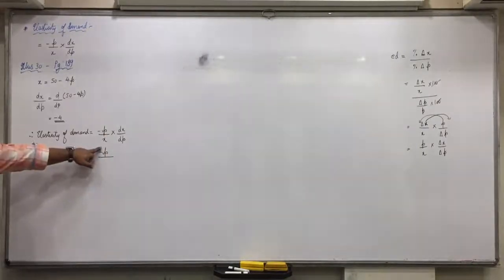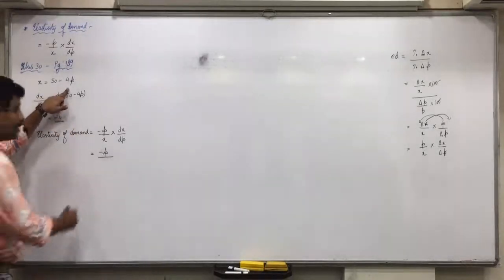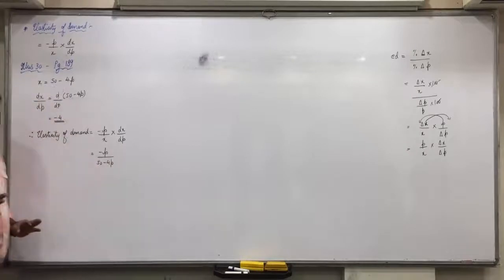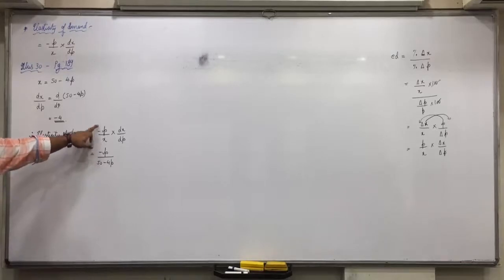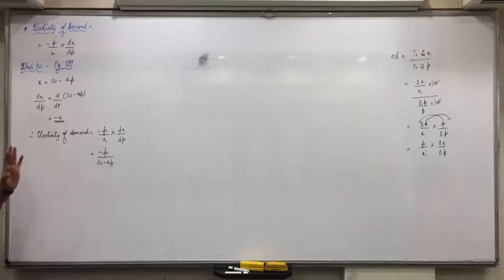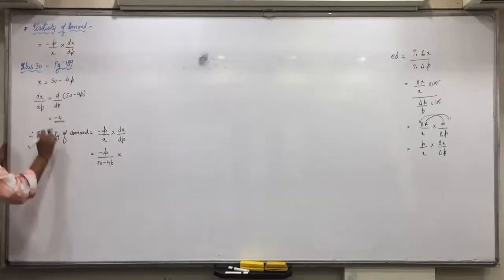In x, we will substitute 50 minus 4p. So does everything become in terms of p or not? If finally x is given, then x you would keep as it is, and in p you would substitute the equation and make it in terms of x. Understood this?